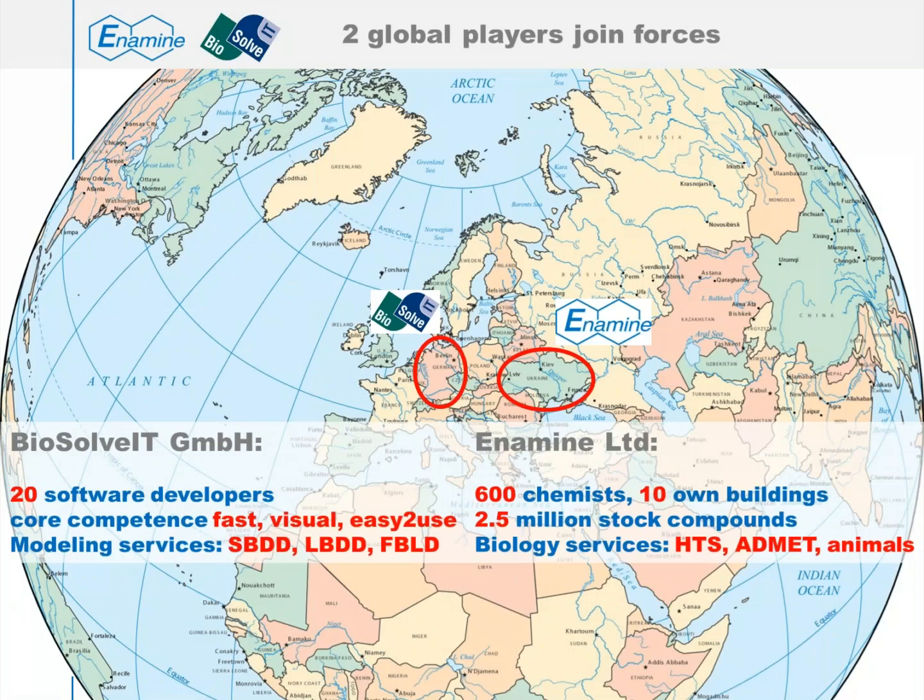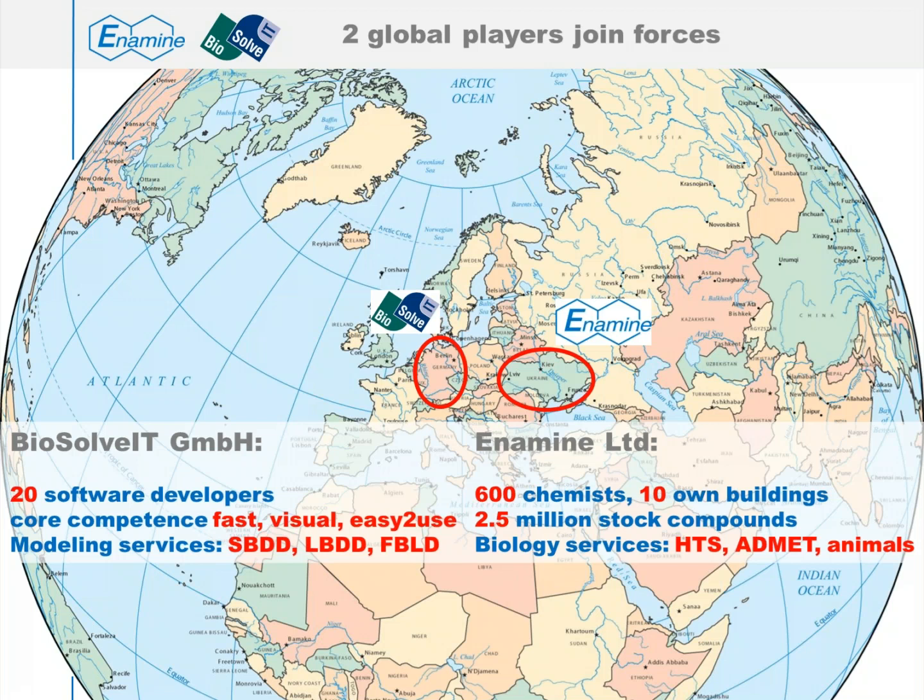This is a joint project between BioSolveIT and Enamine, as you know already. We at BioSolveIT are located here in Germany, and we're a rather smallish company with about 20 software developers. We put our basic effort into development of fast, visual, and easy-to-use software, which is not only for expert modelers, but for every chemist as well.